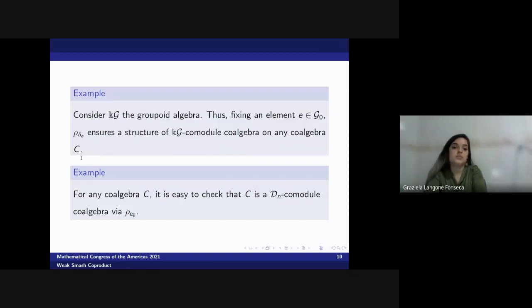The first says that if we consider KG the groupoid algebra, then fixing an element e in the identities of G, rho_delta_e ensures a structure of KG-comodule algebra on any coalgebra C. The second says that for any coalgebra C, it's easy to check that C is a Dn-comodule algebra via rho_E_ii.